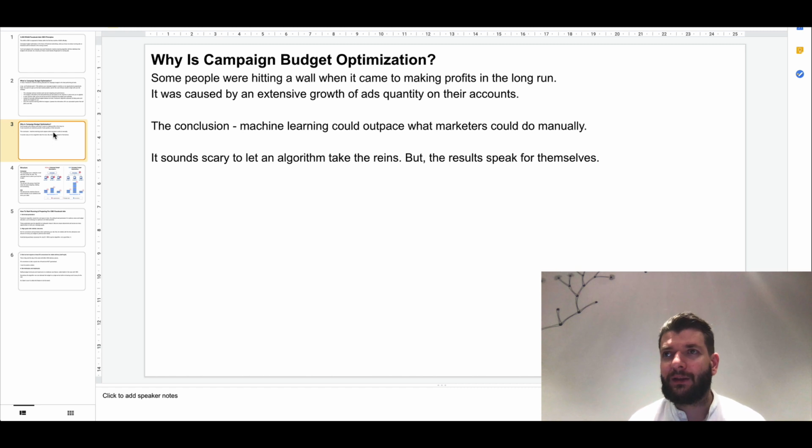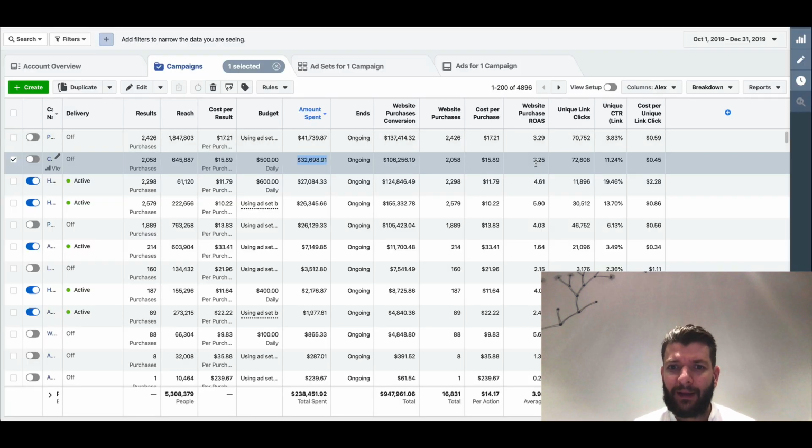That makes for complexity in your ad account, and it makes the whole management more difficult. Whereas here, for example, this campaign spent $32,000 and there was not much optimization done on this level.